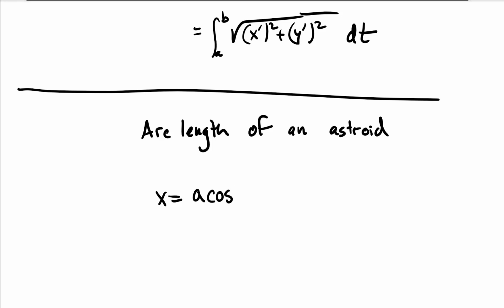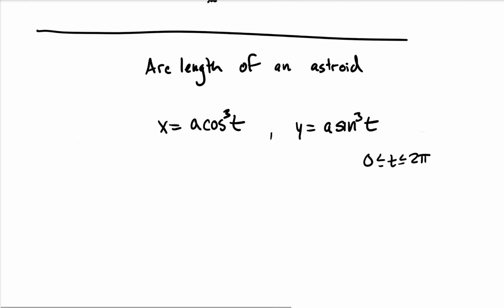X is equal to a times cosine cubed of t, and y is equal to a times sine cubed of t. And let's just look at this thing from 0 to 2 pi.